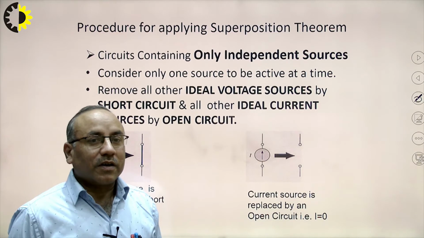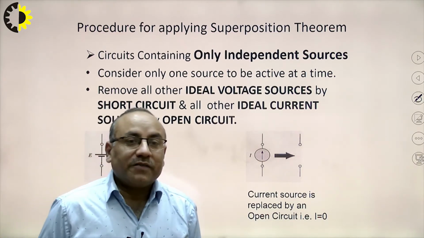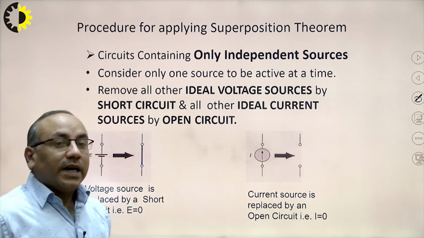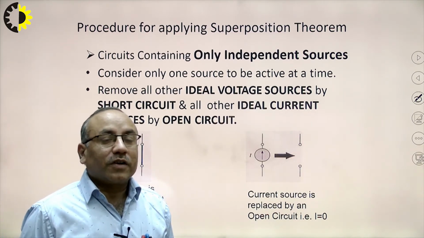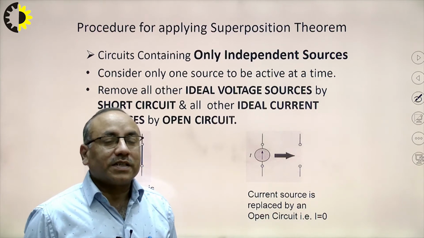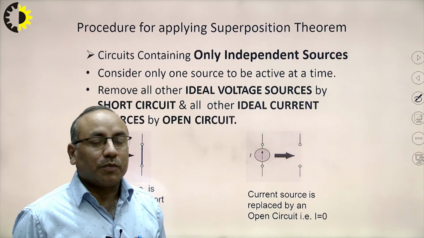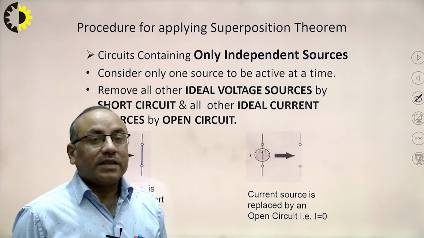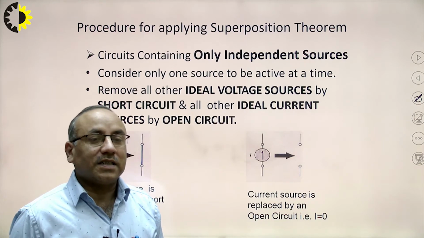Similarly, a practical current source has a finite internal resistance. When we turn off a practical current source, its current is made 0 by opening the source, and the internal resistance remains as it is in the circuit.